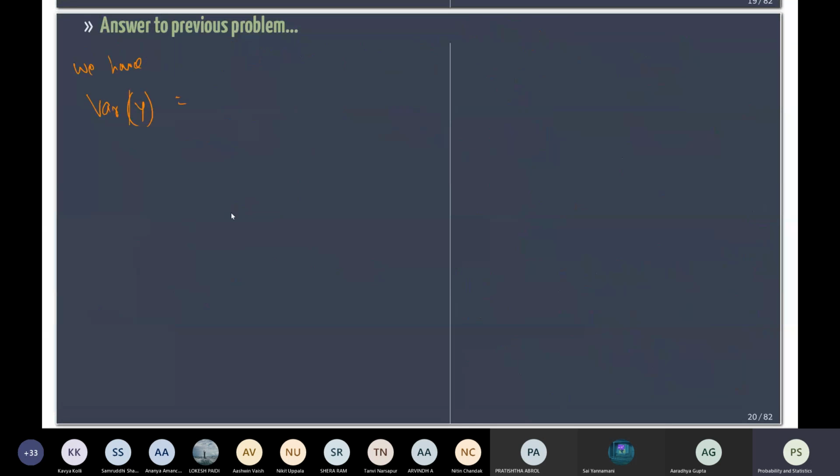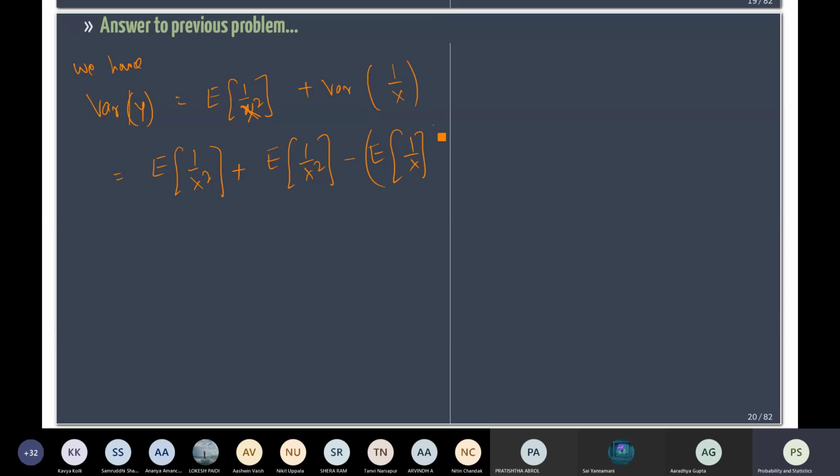The usual definition of variance gives the expectation of 1 over x squared minus the expectation of 1 over x, whole squared.